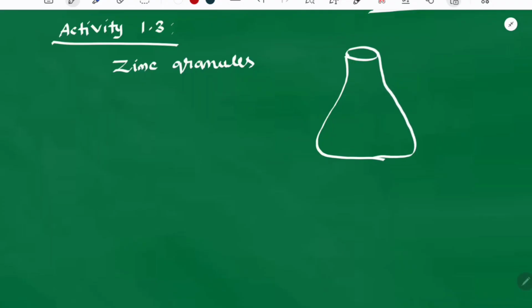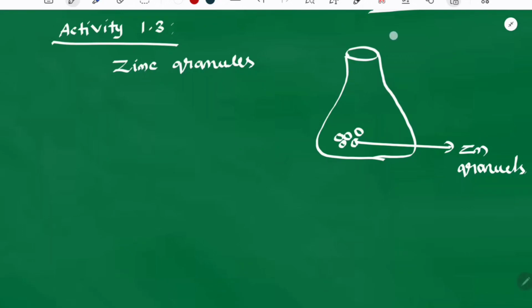A conical flask looks like this. In that you can take some zinc granules. Then add dilute hydrochloric acid or sulfuric acid.